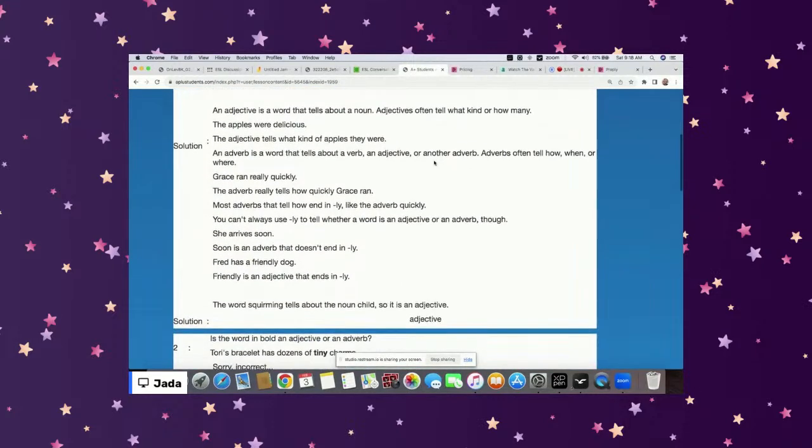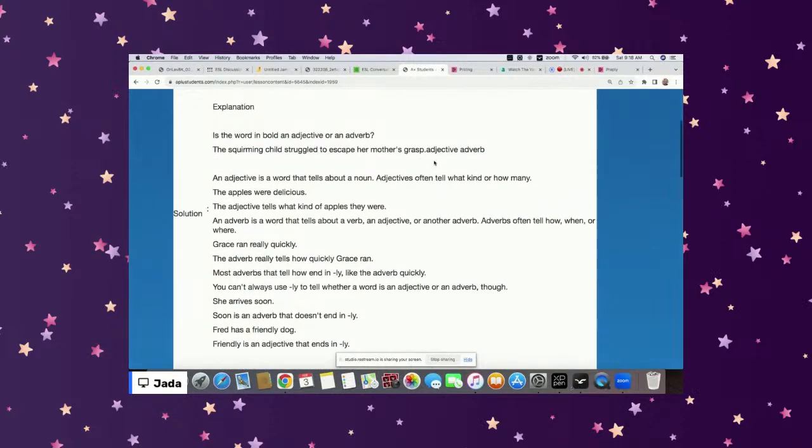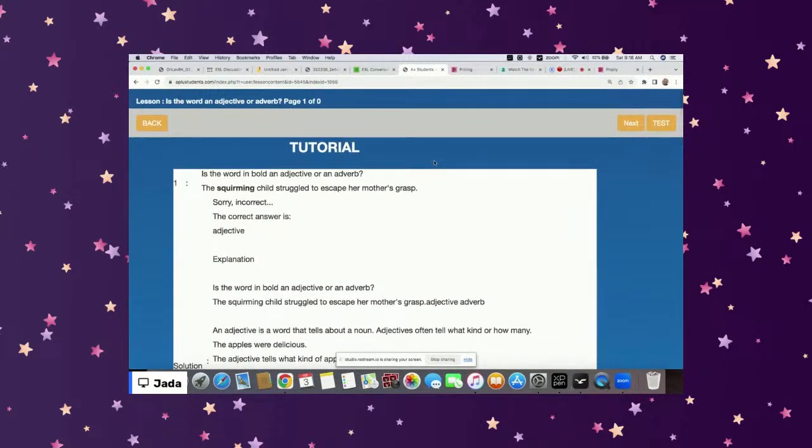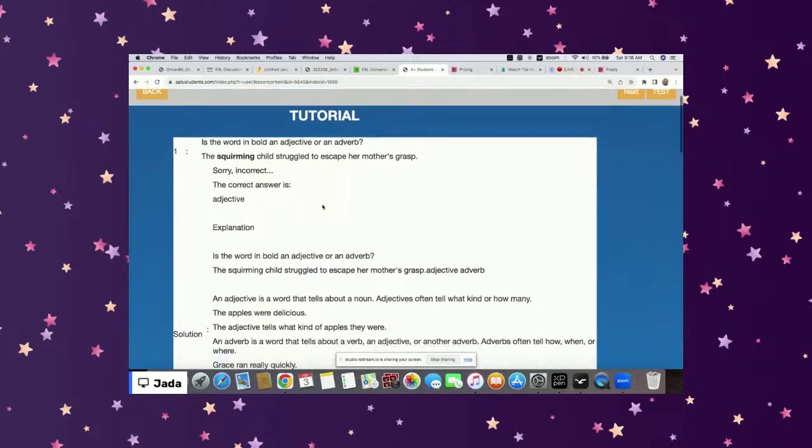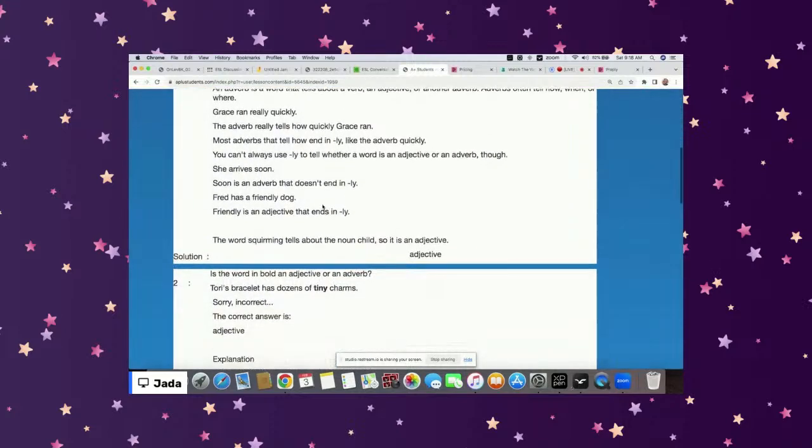Some adverbs end with ly, others will not end with ly, and some adjectives also can end with ly. So now, is the word in bold an adjective or an adverb? The screaming child struggled to escape her mother's grasp. Okay, so now the screaming child, this word is an adjective.